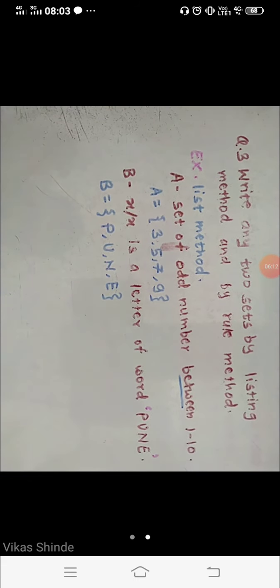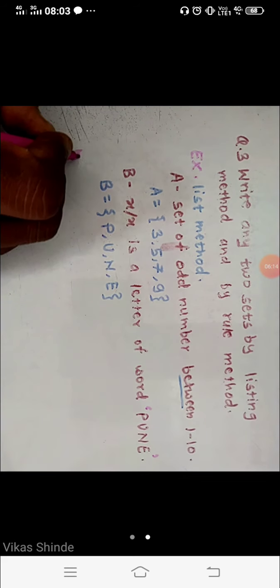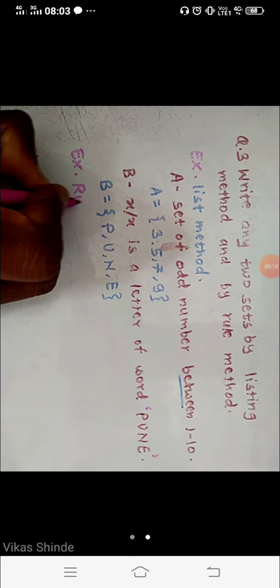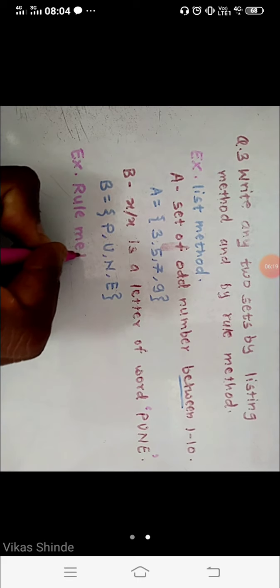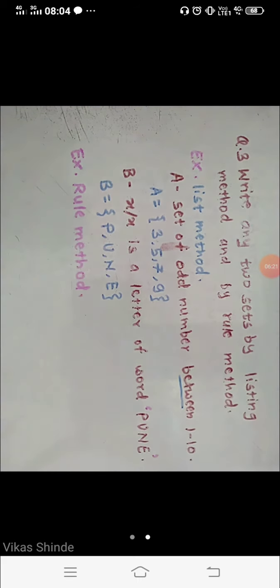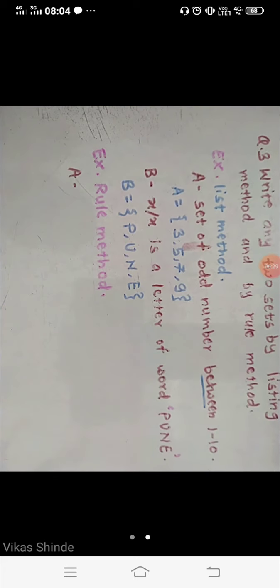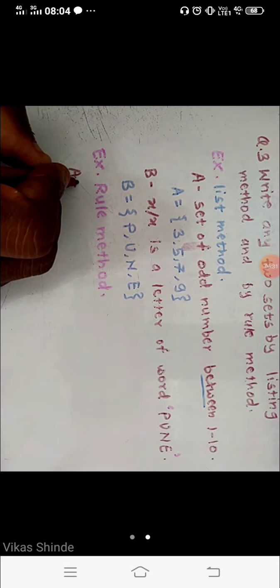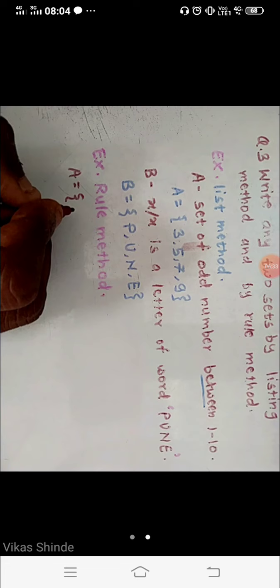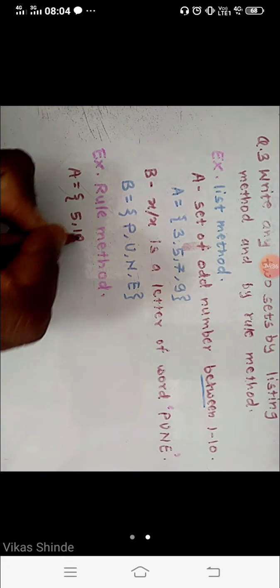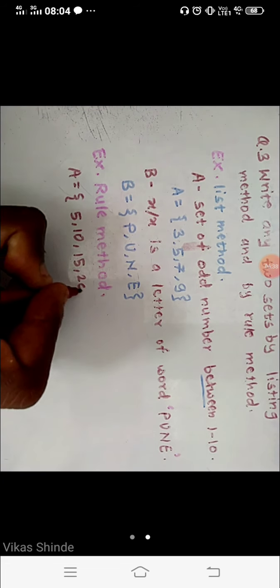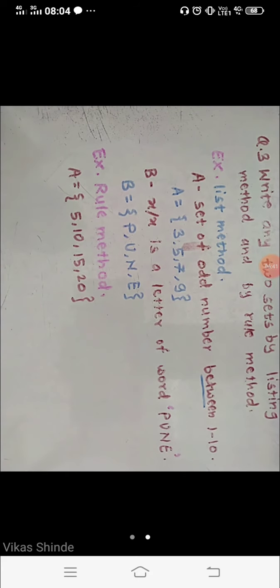Now next we have to write another two examples of rule method here. In this, suppose set A here, I write suppose A equals, inside a curly bracket, 5, 10, 15 and 20. In this we first have to identify which type of numbers these are.